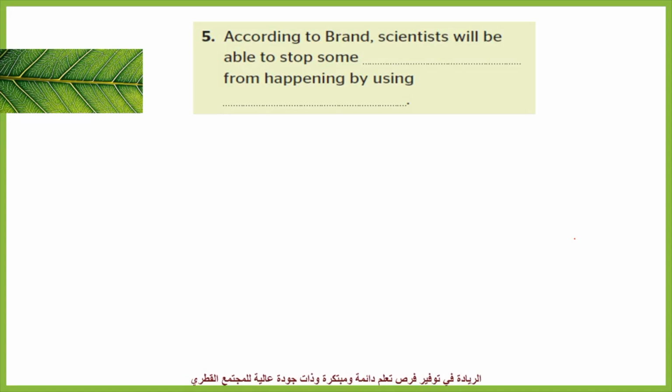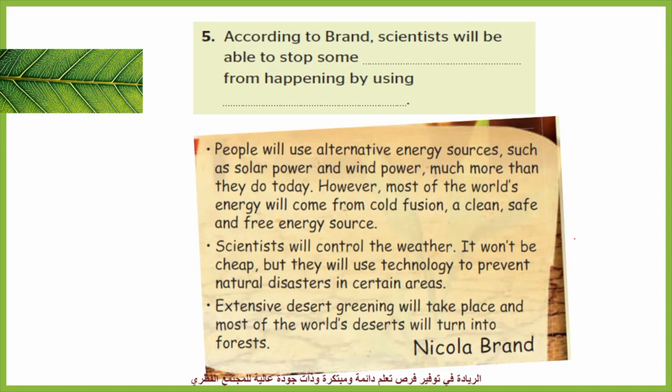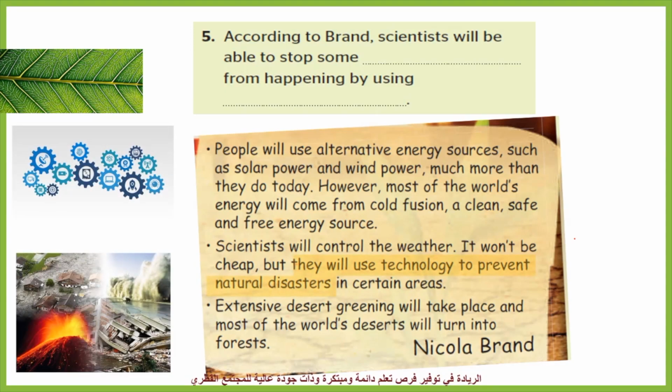Number 5. According to Brand, scientists will be able to stop some blank from happening by using blank. Here we will take a look at Nicola Brand's part of the passage. In the second paragraph, she says, they will use technology to prevent natural disasters. Prevent means to stop.